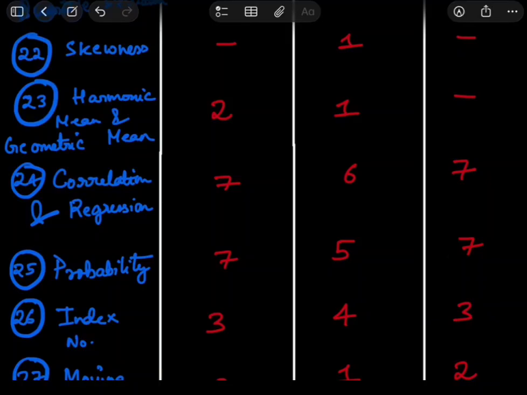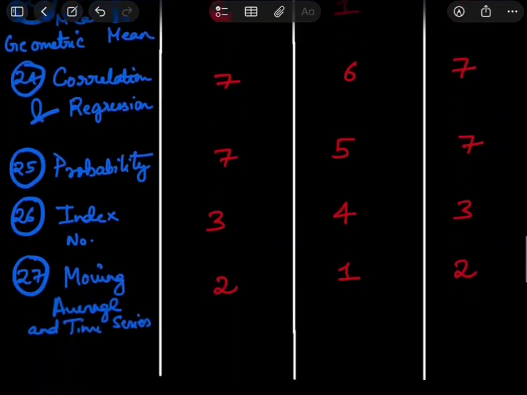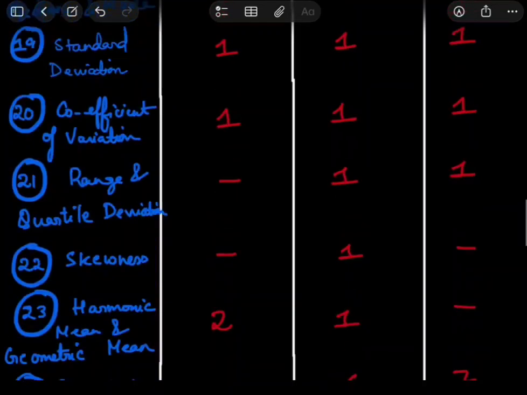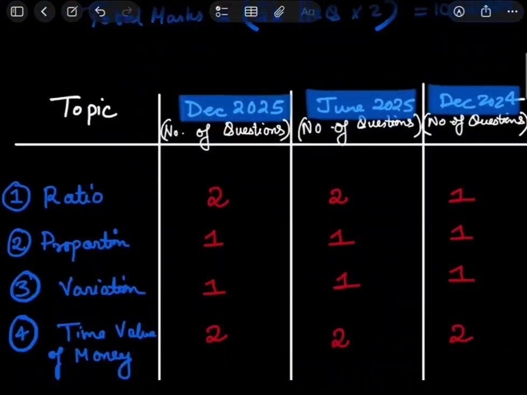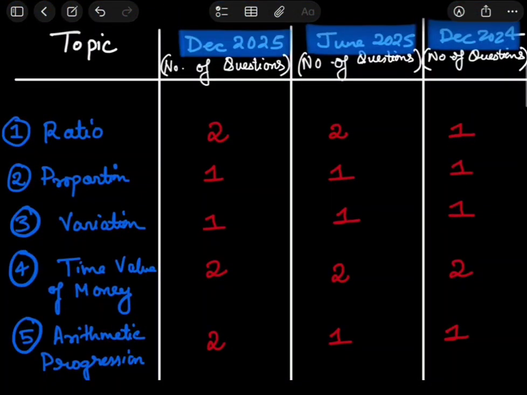Then we have probability, which is equally important because they have been asking 5 to 7 questions in each term. We have index number, in which they ask 3 to 4 questions in each term, and then last but not the least, moving average and time series, in which they have been asking 1 to 2 questions in each term.